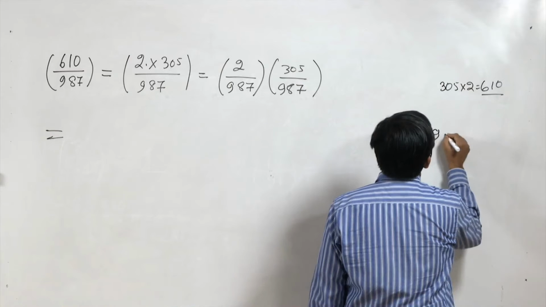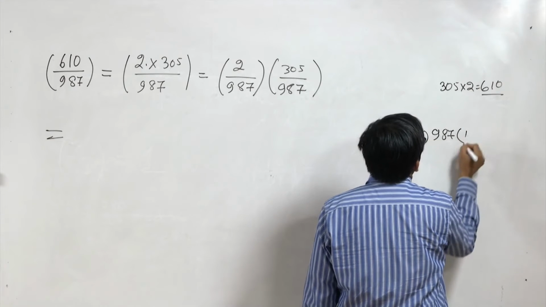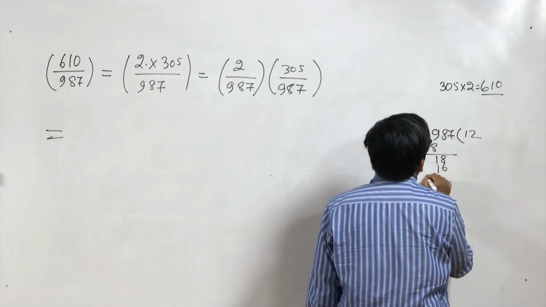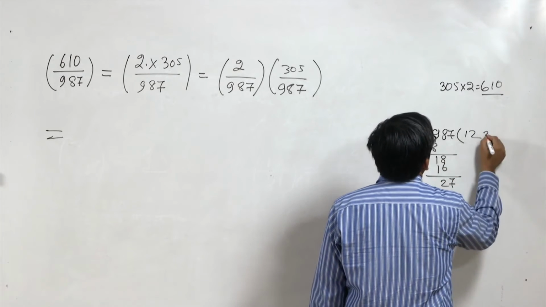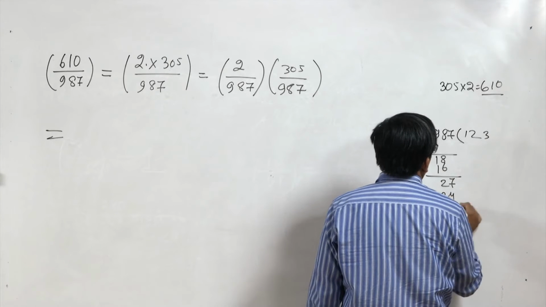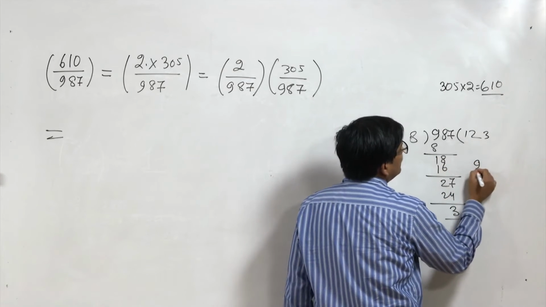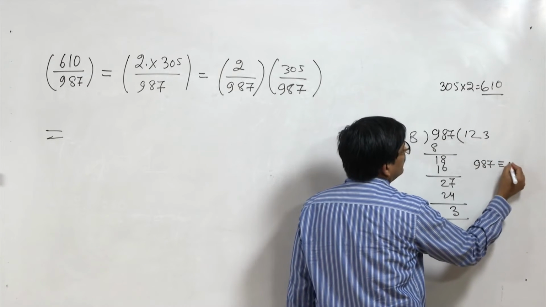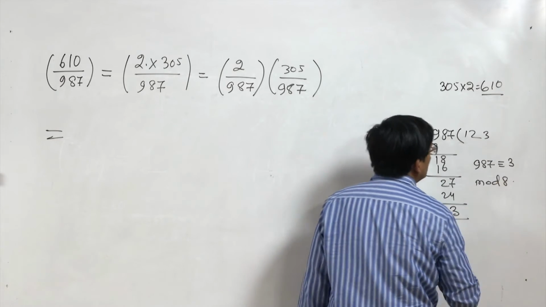Let us find it out. 987 divided by 8, the remainder is 3. So, we see that 987 is congruent to 3 mod 8.